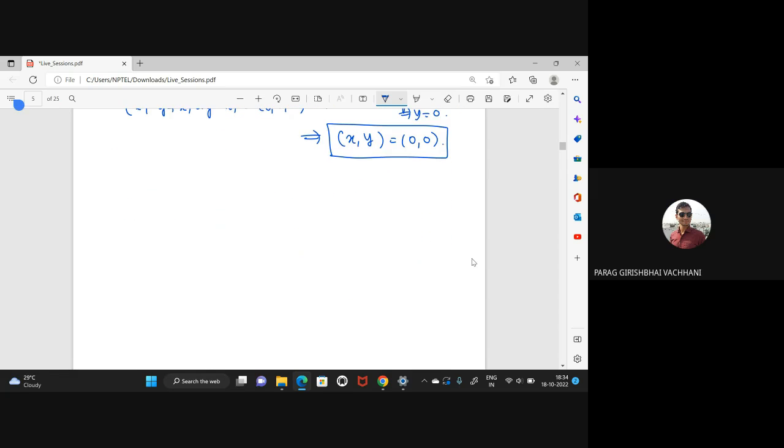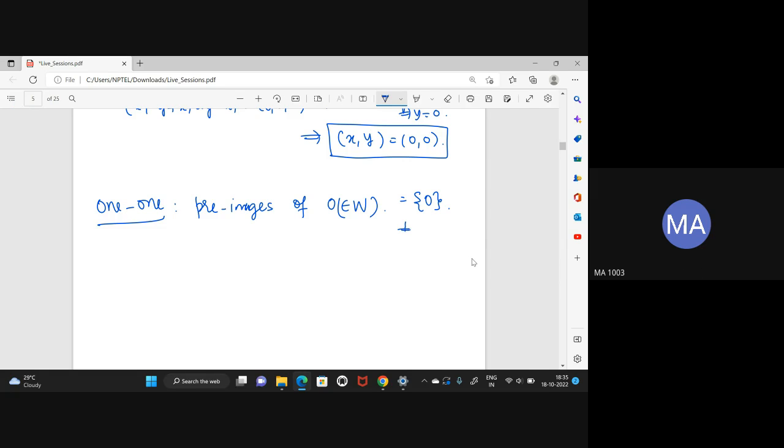Okay. So for a 1 to 1 map, what are we checking? We're checking for the pre-images of 0 in W. If it is only 0, then it is called a 1 to 1 map. If it is not equal to the singleton set 0, then it is not 1 to 1.